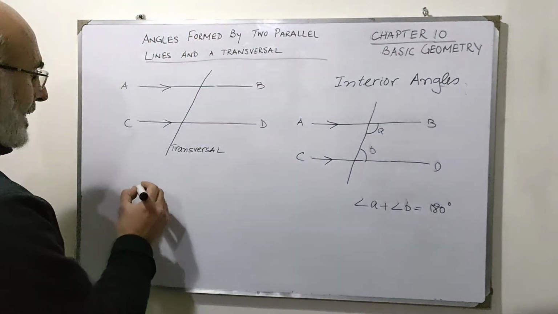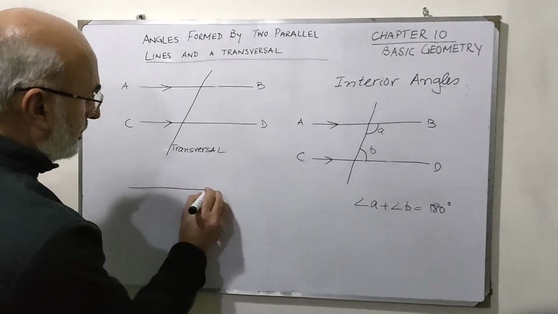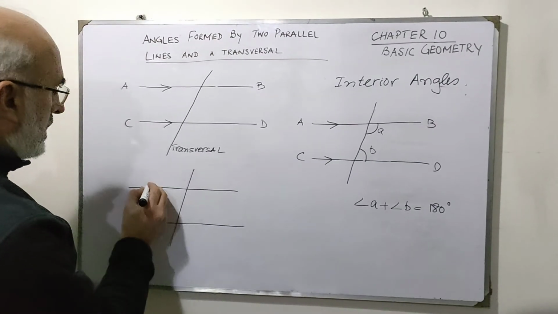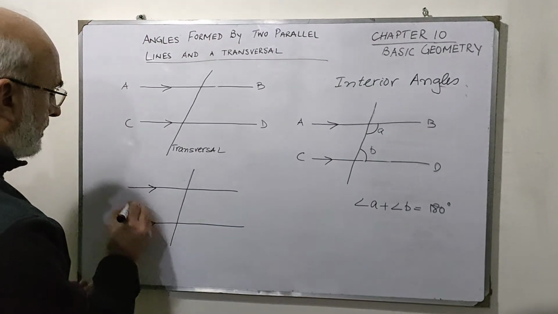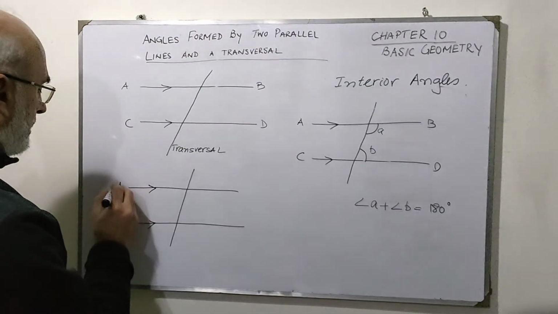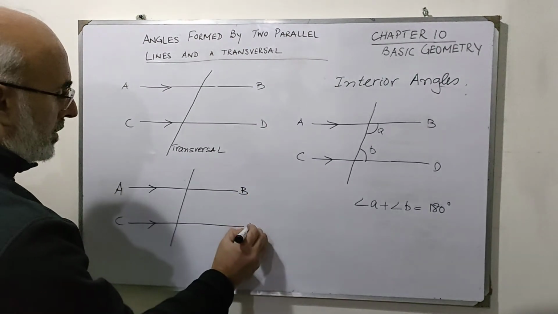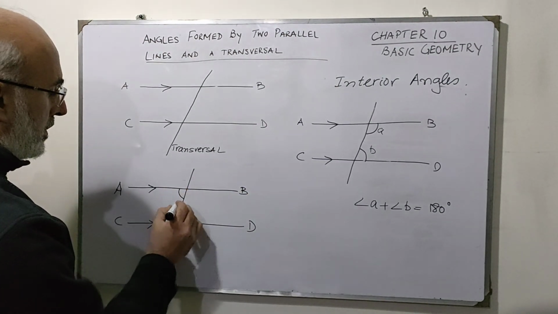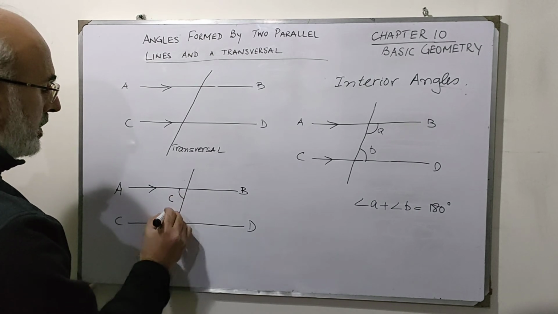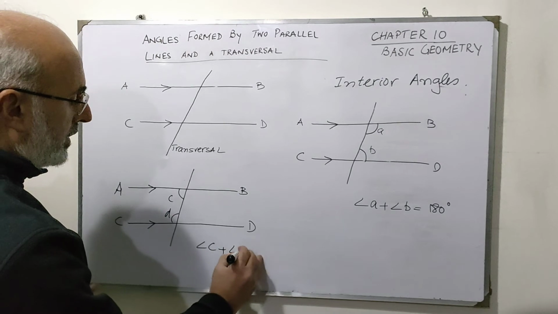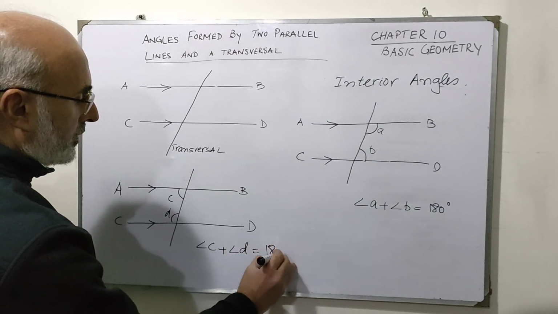Okay. So the second possibility of this is transversal, parallel lines, A, B, C, D, and these C, D. So angle C plus angle D is equal to 180 degree.